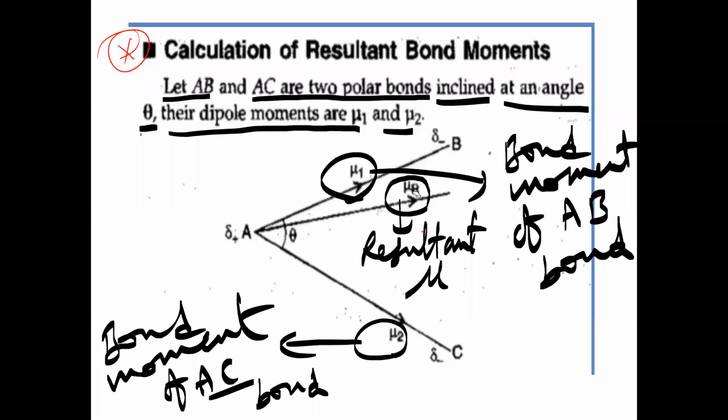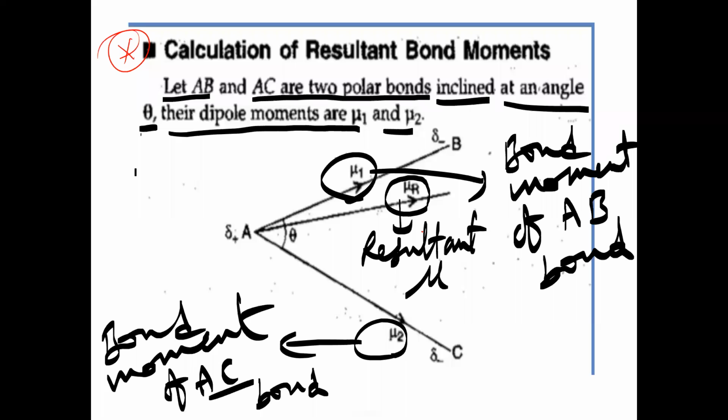This is the resultant dipole moment of the AB bond and AC bond. What is the central atom of the molecule here? A. A is attached to B atom and also C atom.